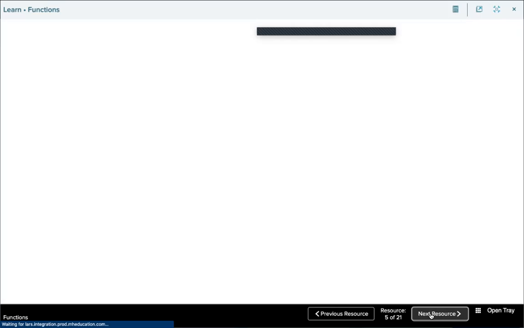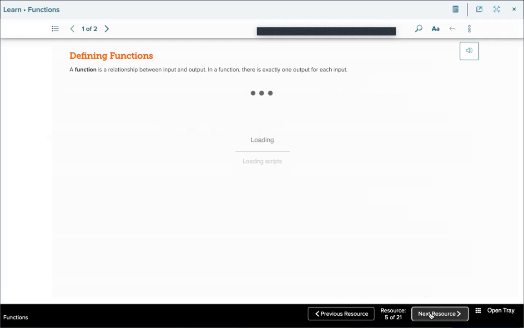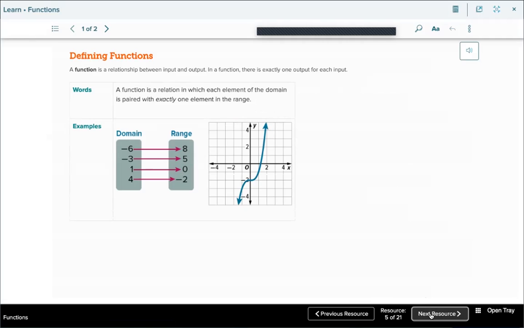So let's learn about functions. Again, a function is a relationship between input and output, okay? Or between our independent variable and our dependent variable, for example. So we can look at our picture right there, right?